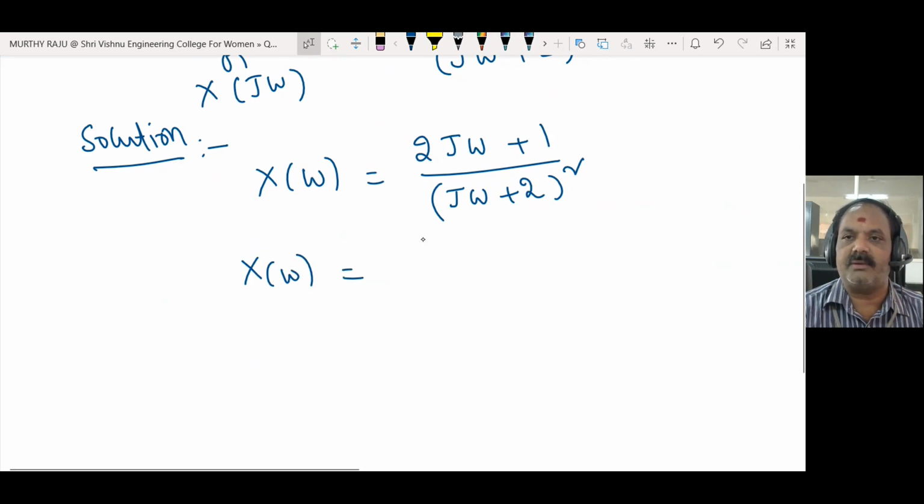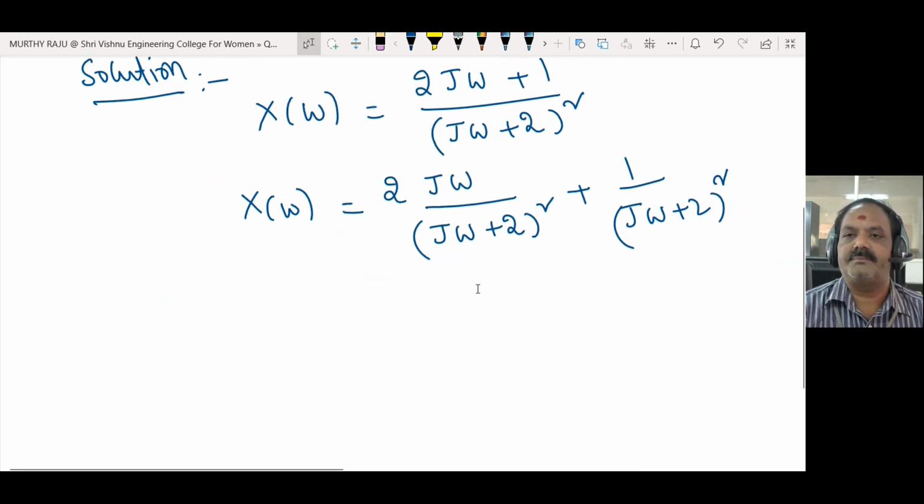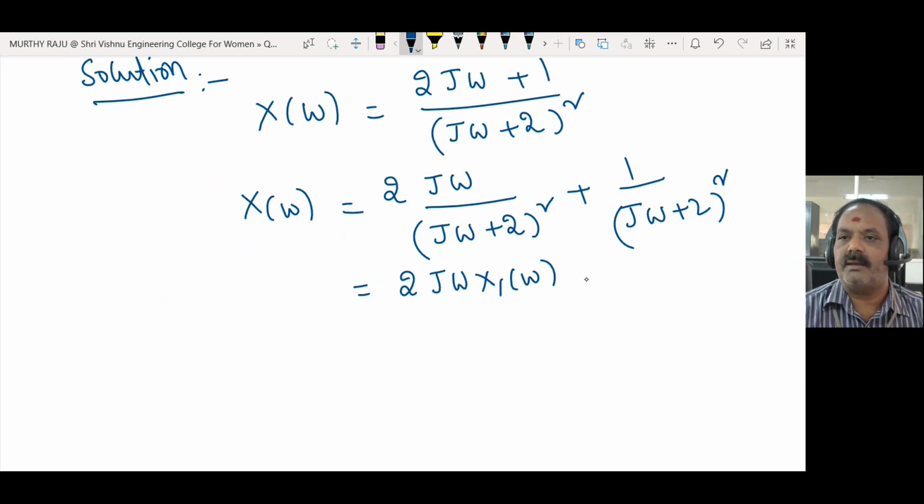X of omega is equal to 2 j omega times 1 by (j omega plus 2) whole square, plus 1 by (j omega plus 2) whole square, that is 2 j omega X1 of omega plus X2 of omega.